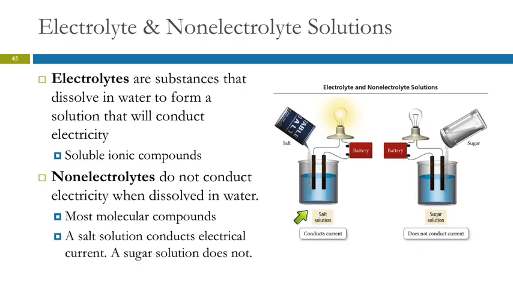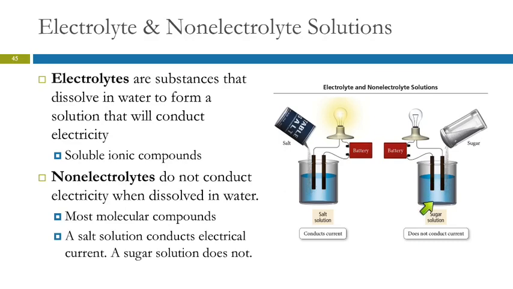For water to conduct electricity, there have to be ions in here that can move the charge from one electrode to the next. So if we put salt into some water, here we have a light bulb hooked up to a battery. The light bulb will light up even though these two electrodes are not touching each other, because the salty water can conduct the electricity. Salt, table salt, is an electrolyte.